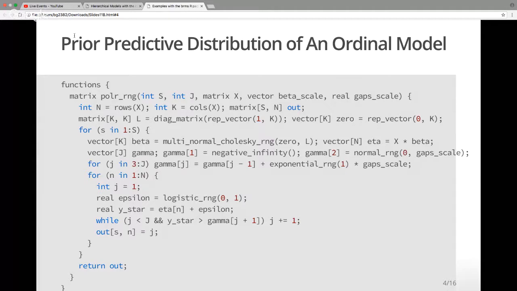So if you have some predictor and it has a positive coefficient, then if I change your X to X plus 1, that may make the probability that you're in the last category go up, and it makes the probability that you're in the first category go down.